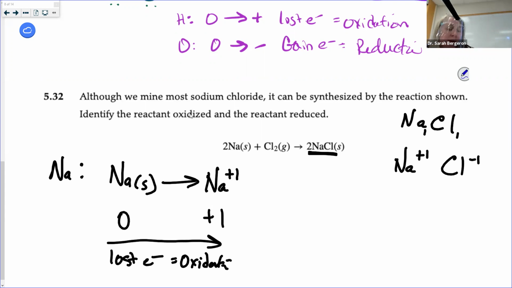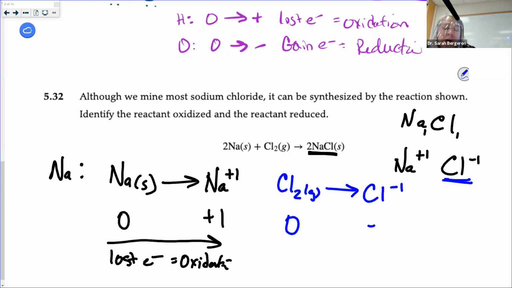Okay, let's do our other one, chlorine. I'm starting out with Cl2. Cl2 gas. Does it have a charge? No, that's a nonmetal to a nonmetal. It's a covalent molecule. What does it turn into? That's 0. What does it turn into? Cl -1.